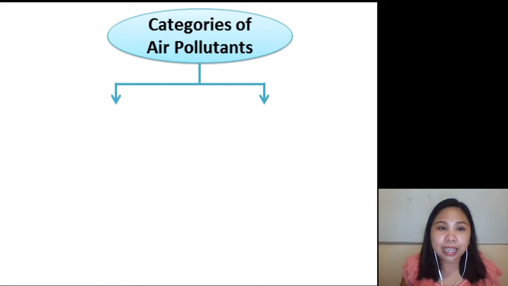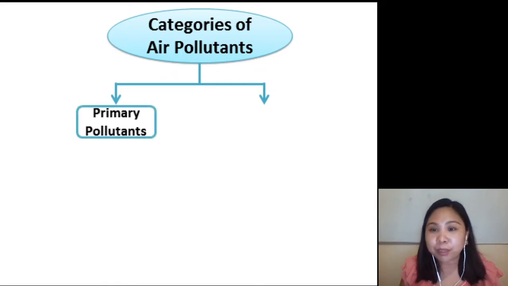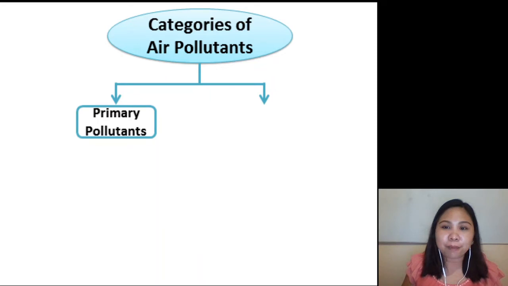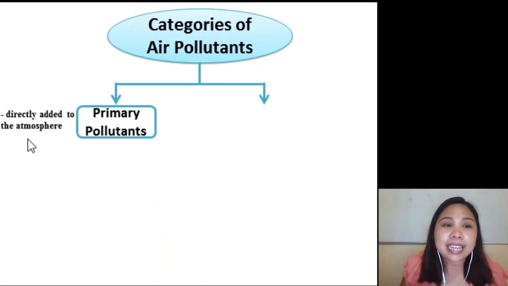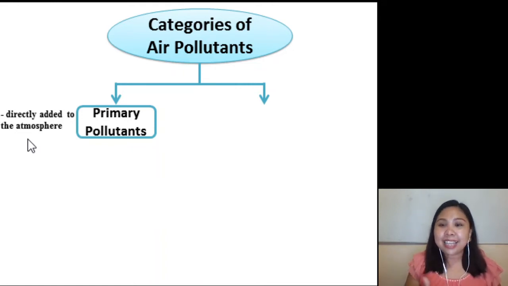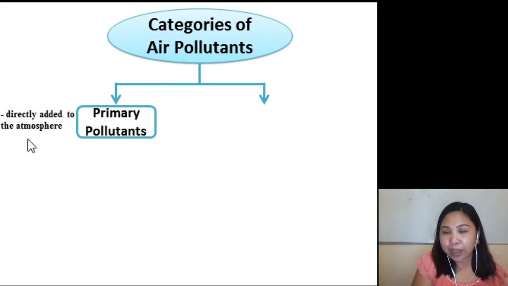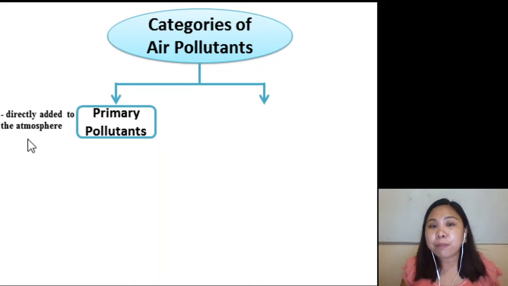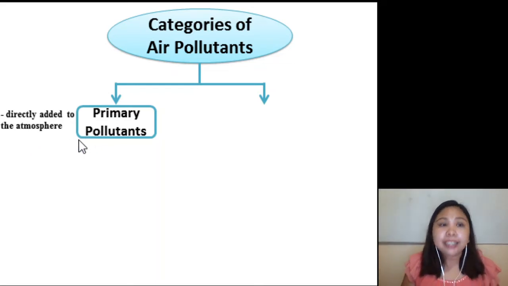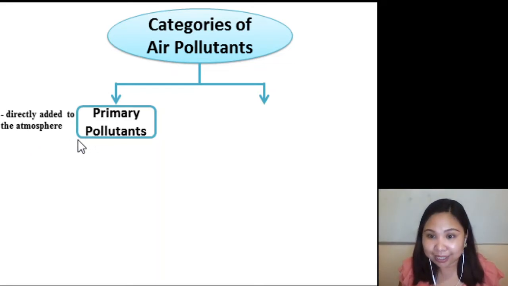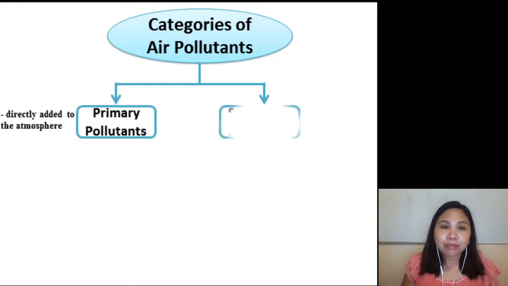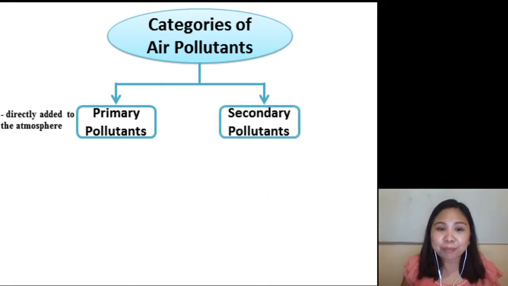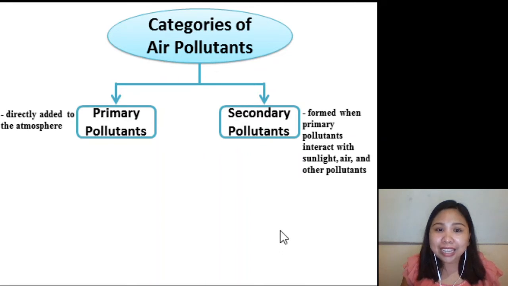The first category is what we call the primary pollutants. This has something to do with the source: they are directly added to the atmosphere. Just like in the hydrosphere, where we have point sources and non-point sources of pollutants. The second category is the secondary pollutants, which are not directly added.